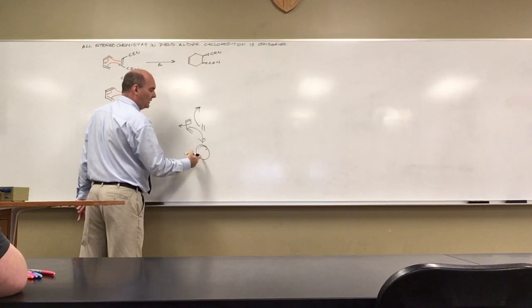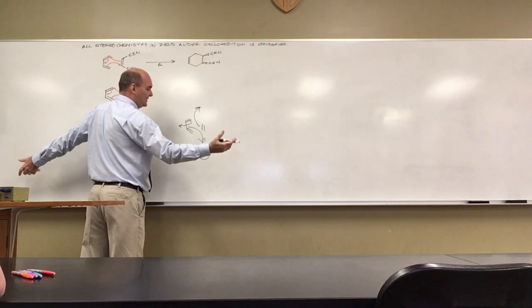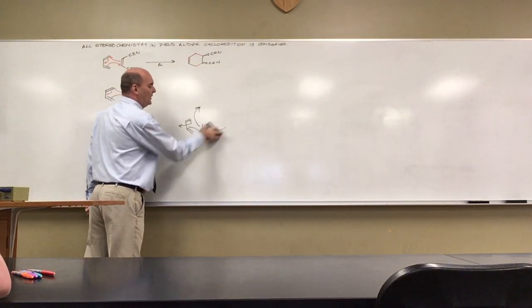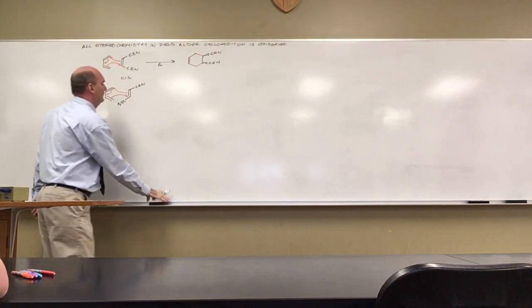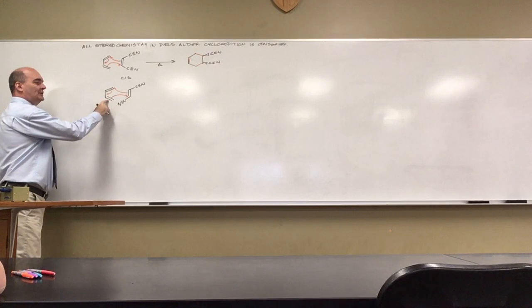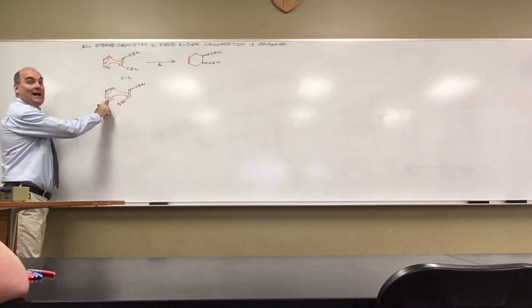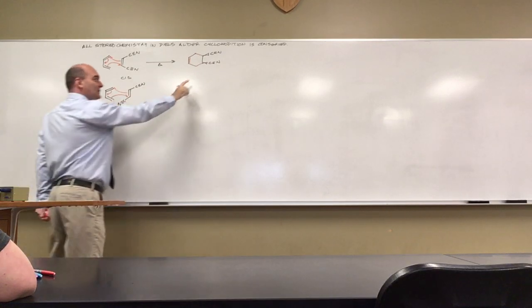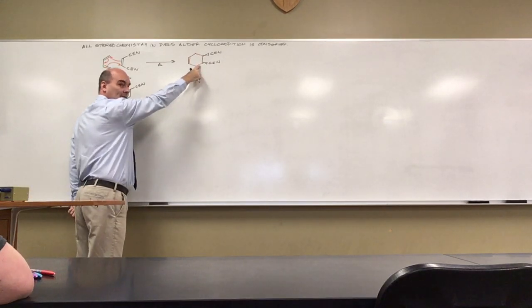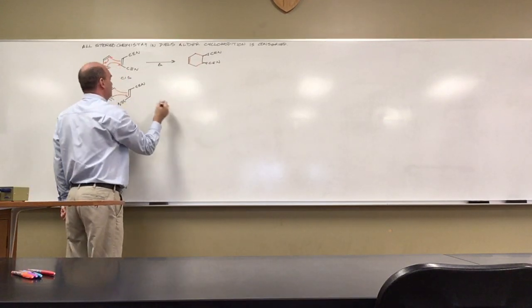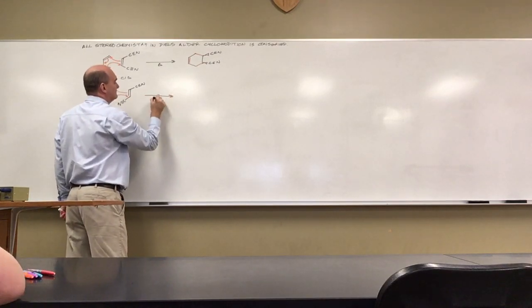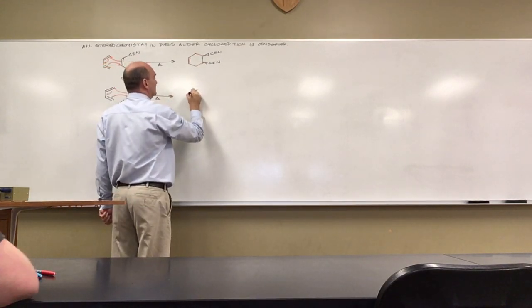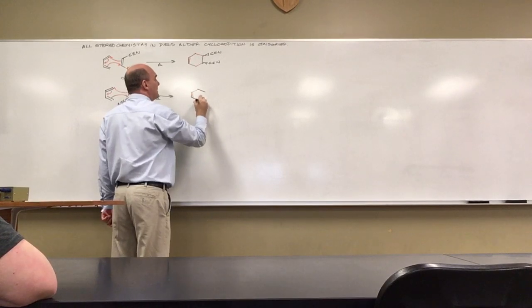Where's that arrow going? That doesn't make any sense. Show me where the arrow starts and where the arrow finishes. It starts as pi electrons and it finishes as sigma electrons.